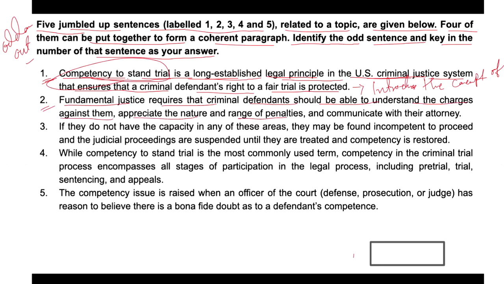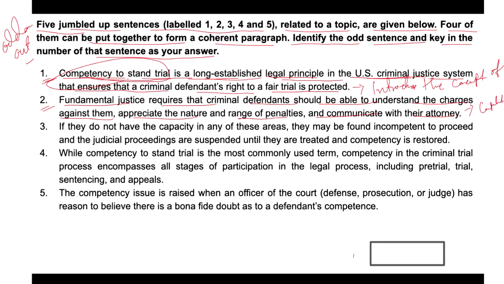Now, in that case, the second sentence explains what is required for a defendant to be considered competent, isn't it?